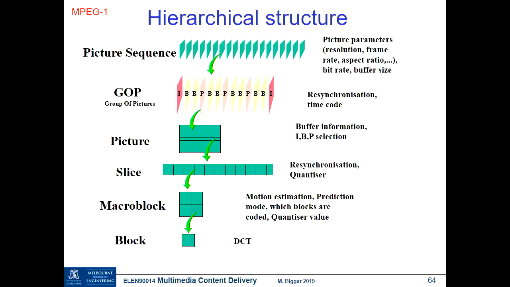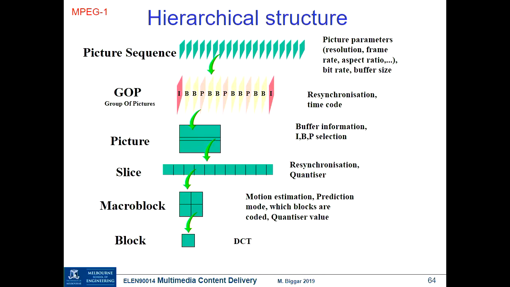And then each new picture has, I think, a synchronization word, and also labels to say whether it's an I, P or B picture. Where in H.261 we had the picture split up into groups of blocks, remember, the GOBs, here we have a more generic or more flexible structure.